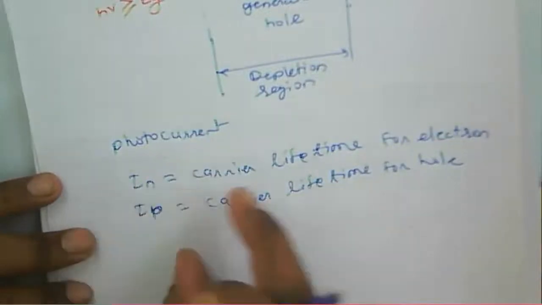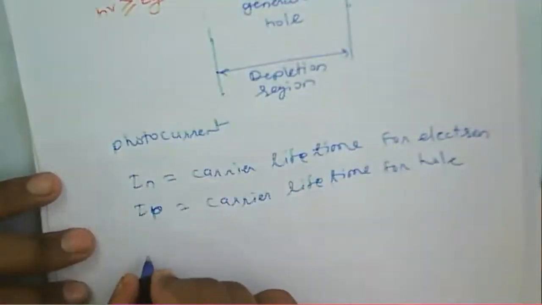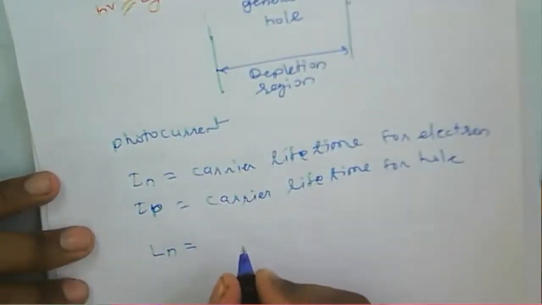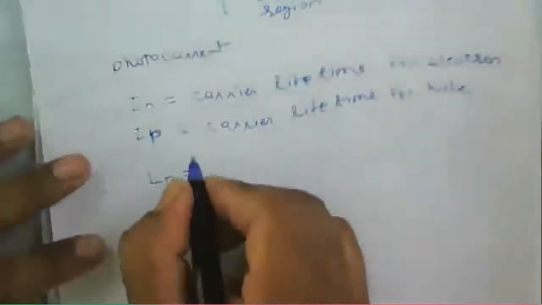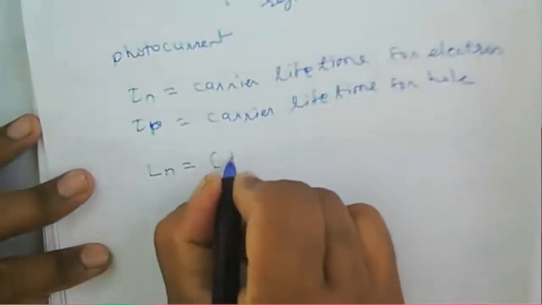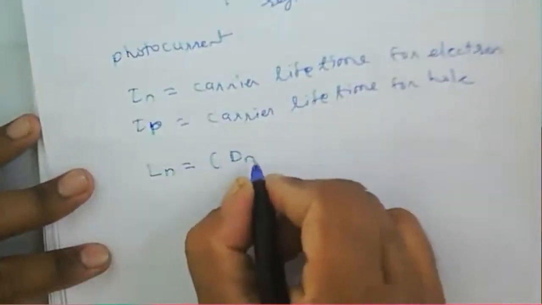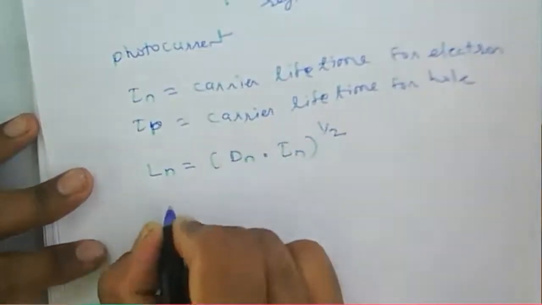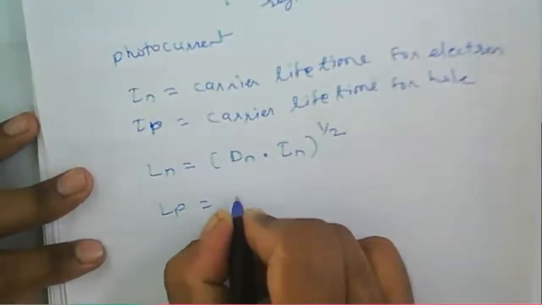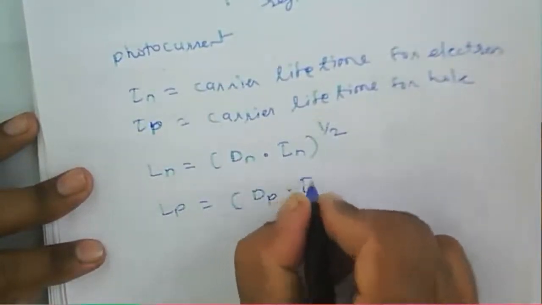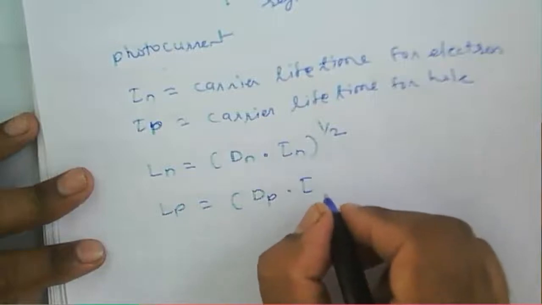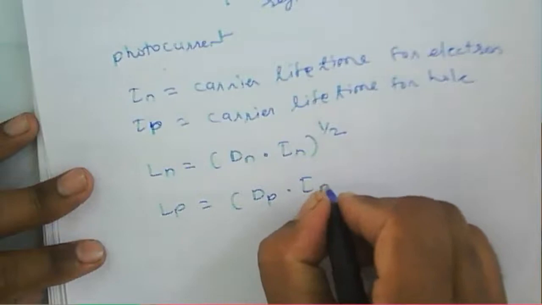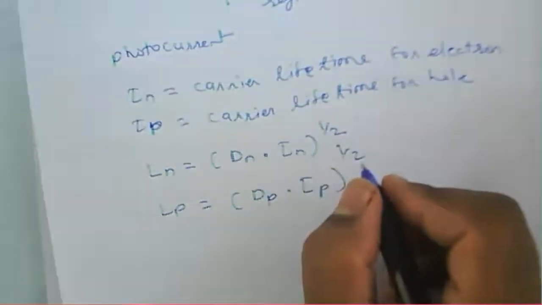And the charge carrier moves a distance Ln, so that diffusion length related to the electrons is Ln equal to the distance traveled Dn with respect to the carrier lifetime, to the power 1 by 2. Similarly for the hole, Lp is equal to the distance travel, and then we can calculate tau p raised to 1 by 2 here.